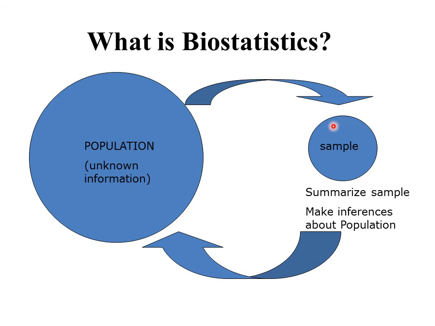So instead, we're going to collect a sample. So this is going to be a subset or subcollection of members from this population. We're going to get some information from that sample. And so we're going to get some data, we're going to summarize that data, we're going to crunch the numbers with an appropriate hypothesis test, or maybe calculate a confidence interval or something to that effect, and we're going to use that to make some inferences or generalizations about the population. And then we're going to apply those ideas back to our original population.